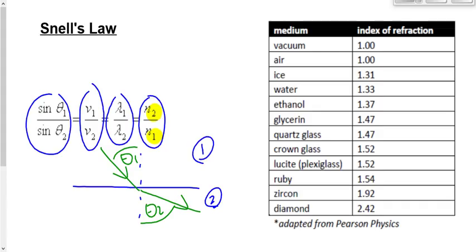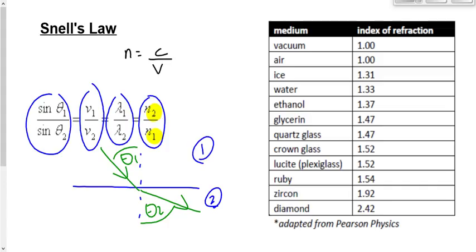Well, the equation that we have for index of refraction that we gave you a few minutes ago, which, by the way, is not on your data sheet because it's more of a definition of index of refraction, is C over V. So that means it's 3 times 10 to the 8 divided by the speed of light in the medium. The higher the value of the speed of light, the lower the index of refraction.